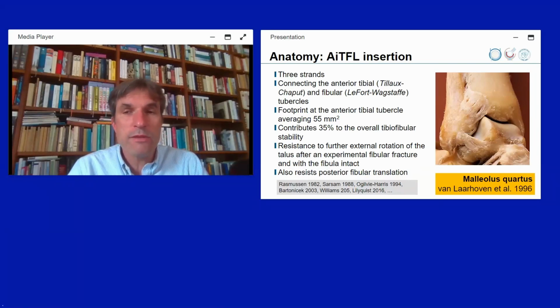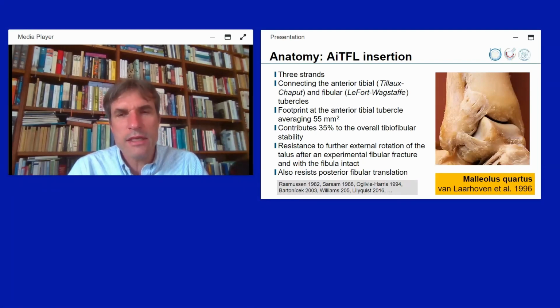It has 3 strands, and some of the anterior strands may convert into a Bassett ligament after an injury and lead to some ankle impingement, but the main part of it has a big footprint on the anterior tibial tubercle and sometimes a little smaller footprint on the fibula.